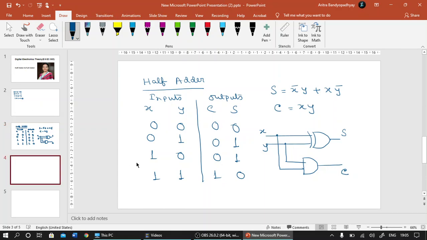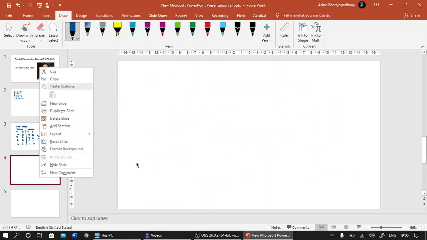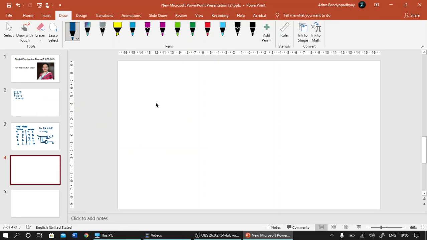Now we will discuss the full adder circuit. A full adder is a combinational circuit that forms the arithmetic sum of three input bits. It consists of three inputs and two outputs.